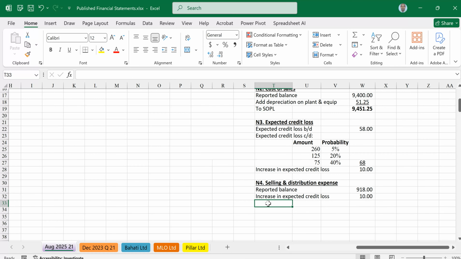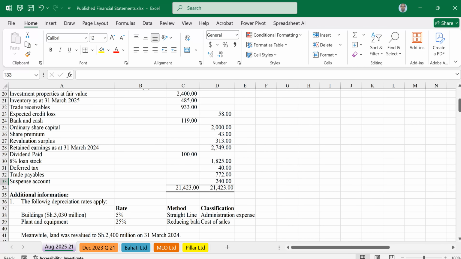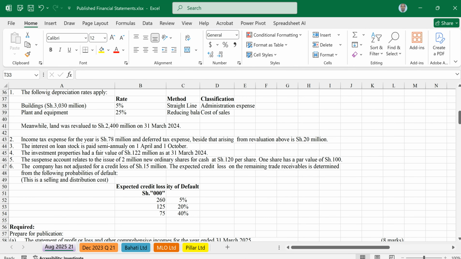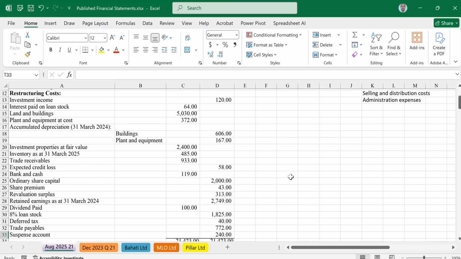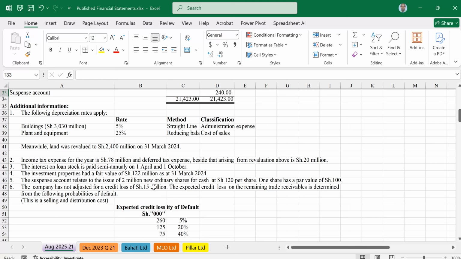Then additional information number 6 also talks about some two things. Number 6 has not adjusted for credit loss. So this credit loss, now credit loss is bad debt written off. Bad debt written off, that is credit loss. So the credit loss that has not been adjusted is amounting to 15. So the 15 bob here, that is a credit loss.